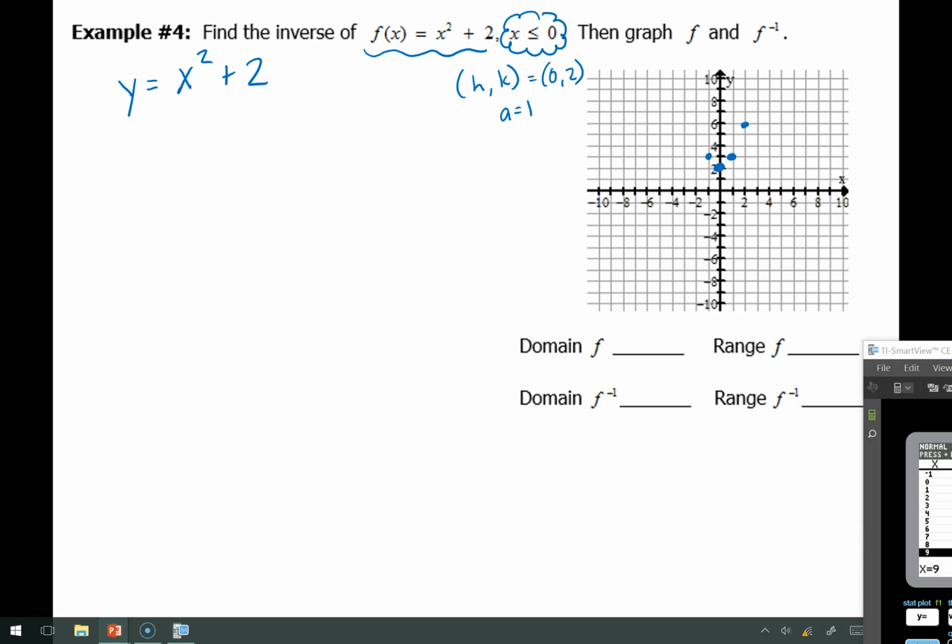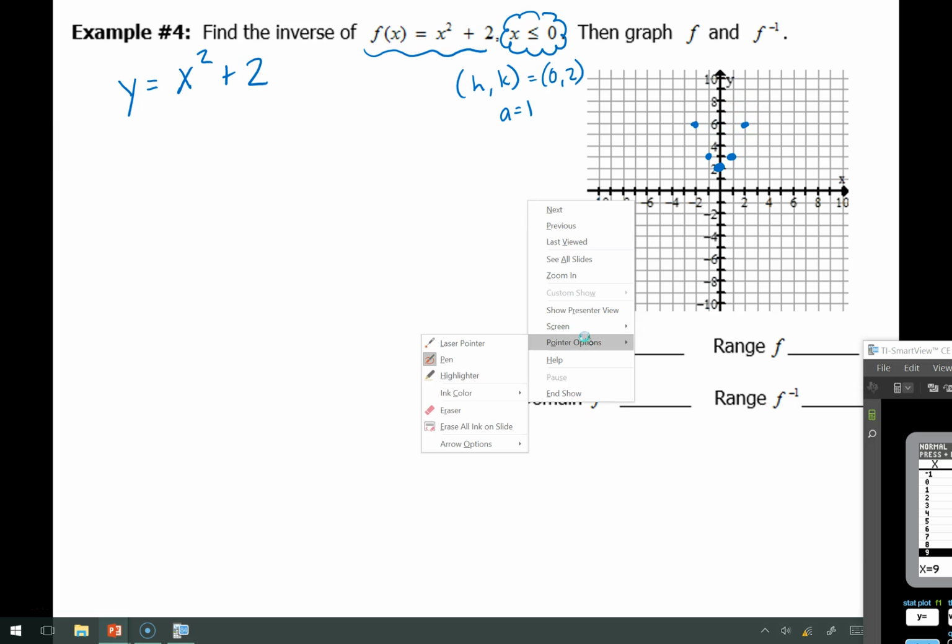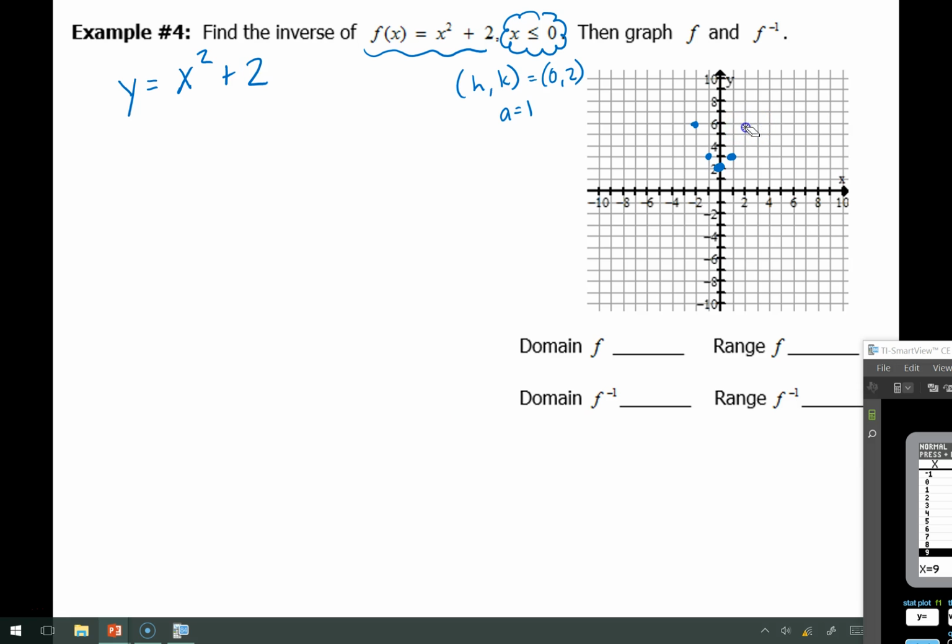This restriction said that x has to be less than or equal to 0. So I'm drawing the whole parabola here, but really I should only be drawing the x is less than or equal to 0 side. So that's the left-hand side. I'm going to erase a couple of these ordered pairs because I don't need them with that restriction.